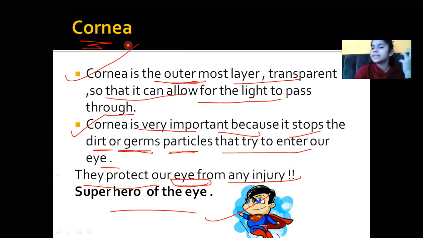What is the cornea? It's the outermost layer. It's very transparent so that light can pass through. Also, it is very important because it stops germs or any dirt particles from entering the eye. And it is also called the superhero of the eye.